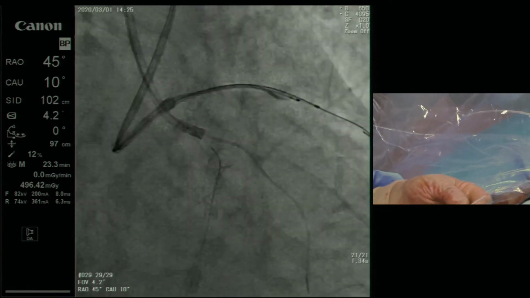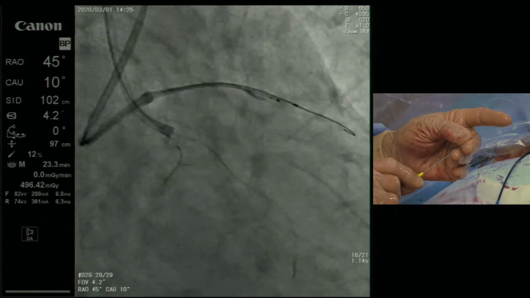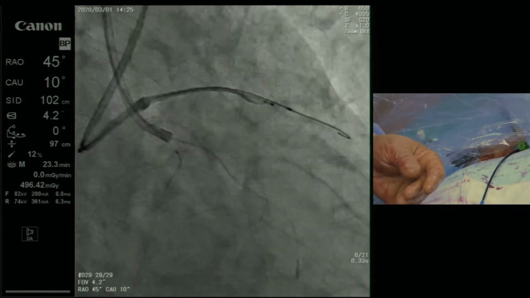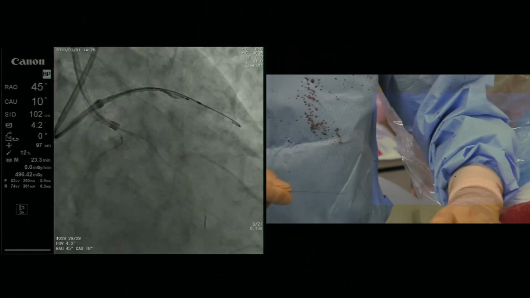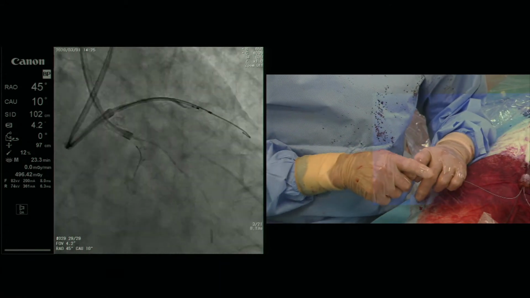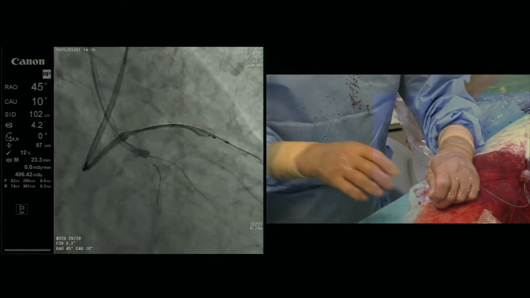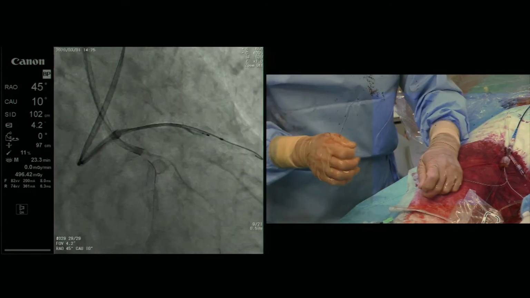Yeah, it has a high risk of dissecting this diagonal. Yeah, it's a problem. But if we can get the true lumen at the bifurcation, probably the dissection created by the first wire is not so big an issue. So anyway, we put the stent around there.